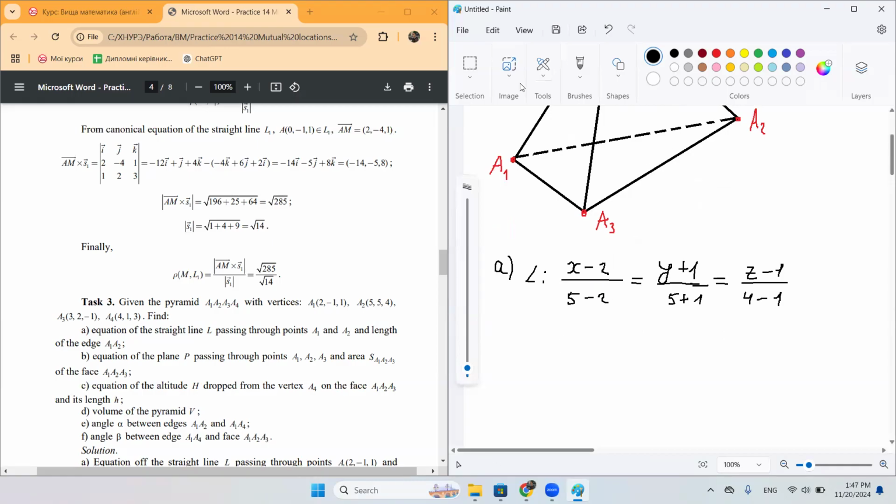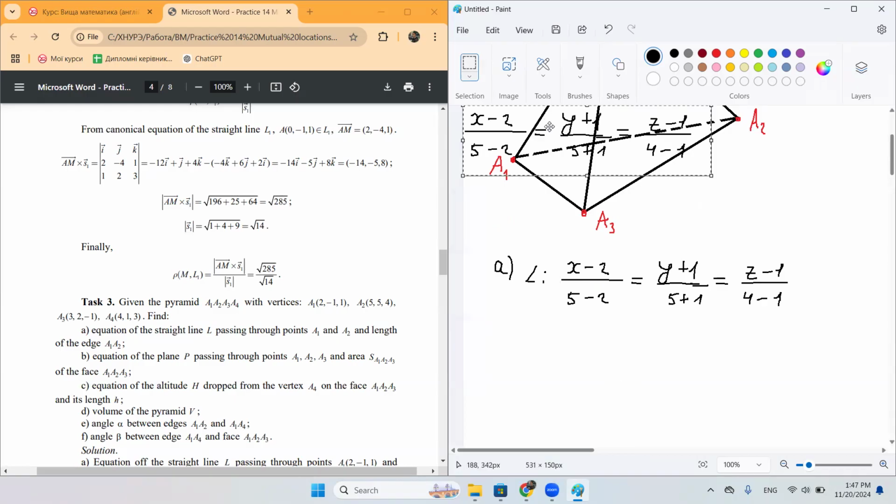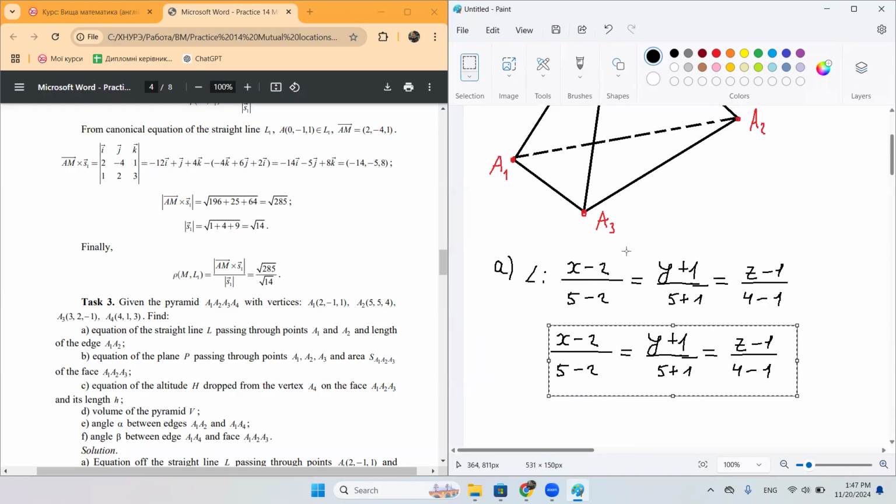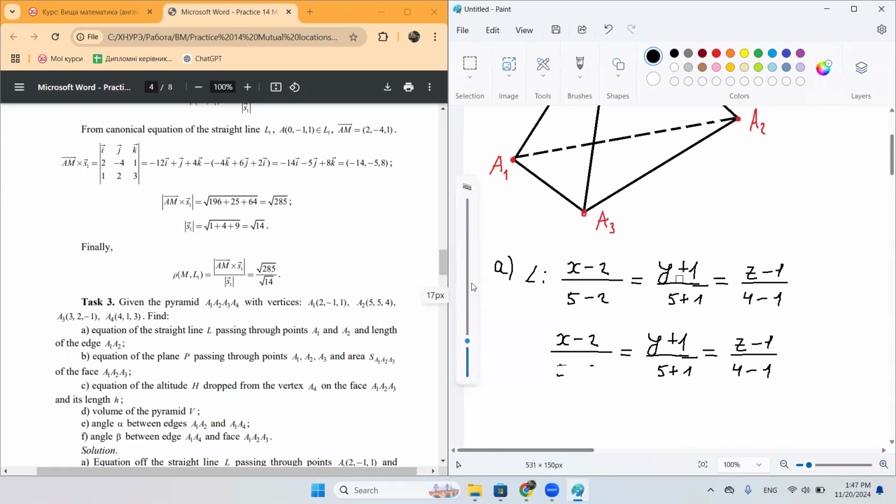If we simplify it, we will have the following: 3, 6, and 3.